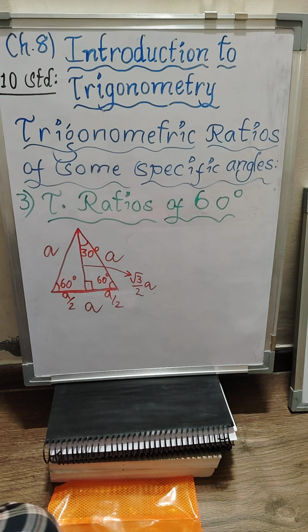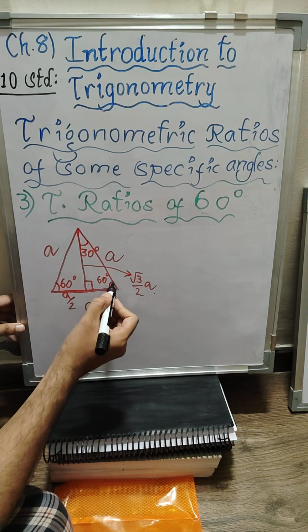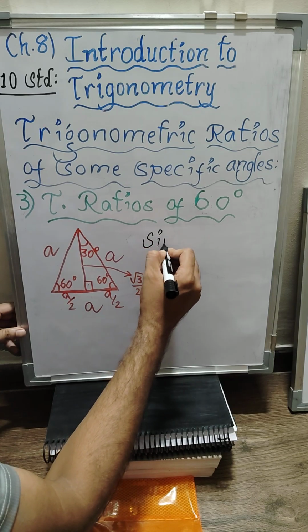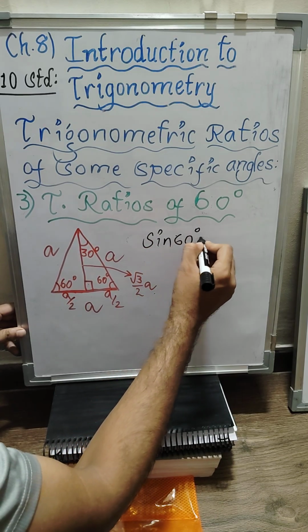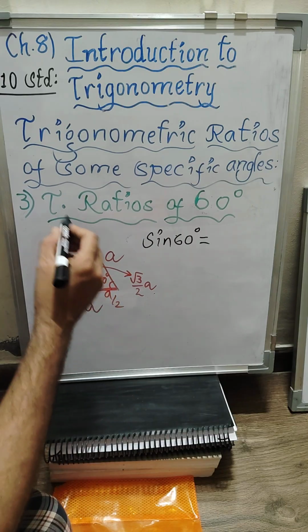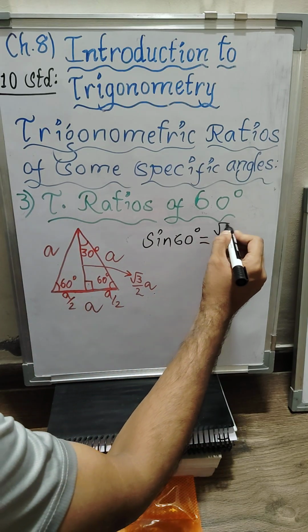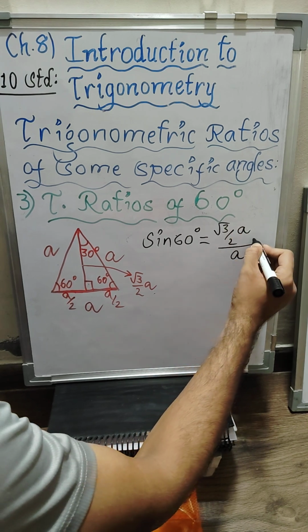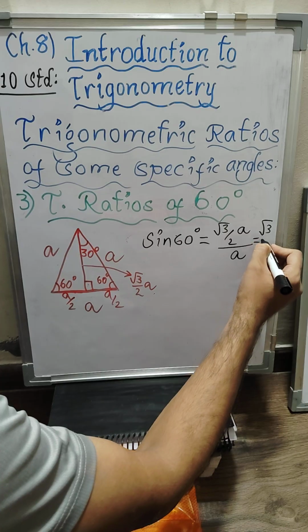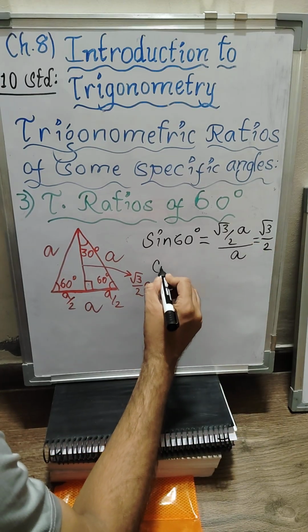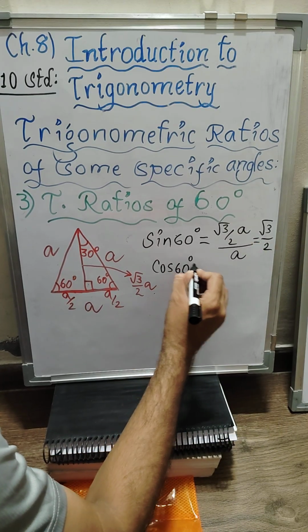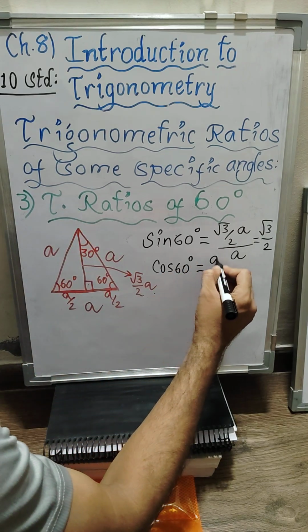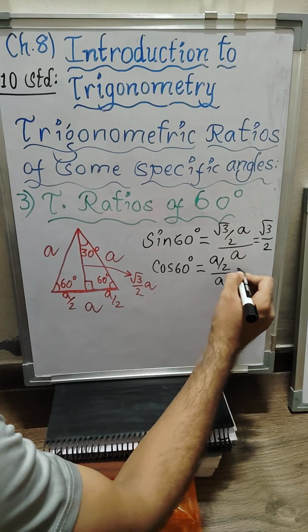So sine 60 degrees is equal to opposite by hypotenuse. So root 3 by 2 a by hypotenuse a, which is root 3 by 2.